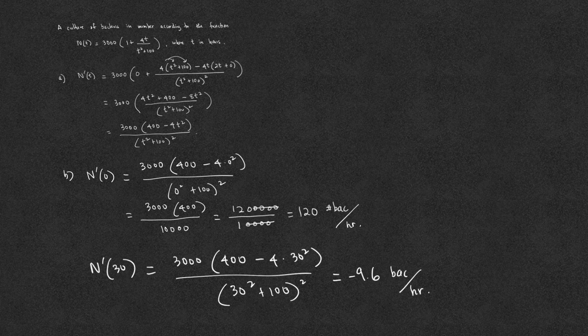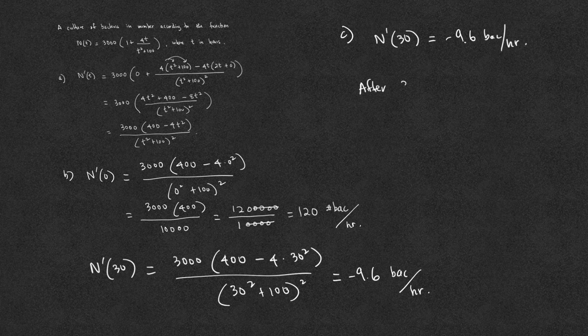What does this mean? We already interpreted N prime of 0 at t equals 0: the number of bacteria is increasing by 120 per hour. What about N prime of 30 equals negative 9.6 bacteria per hour?